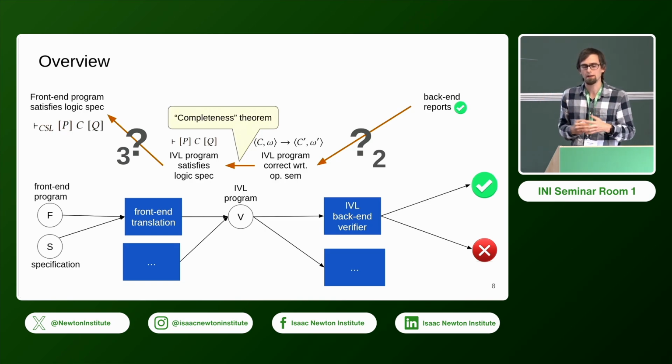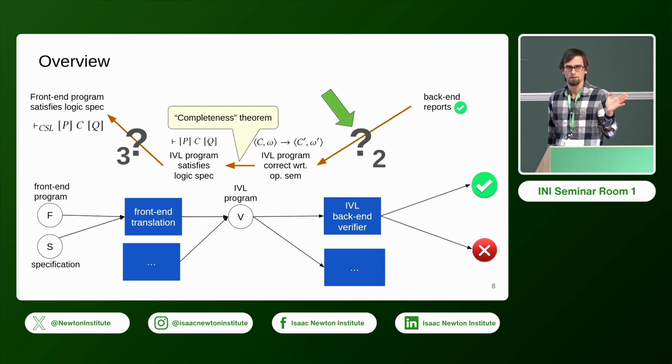But here, due to the way our setup works, because we obtain the proof from the backend, we need the other direction of this theorem. Also, there are some non-standard things in how the separation logic is set up, and if people are interested, I'm happy to chat about that later. But this is the first part. I'm also happy to take questions at any point.